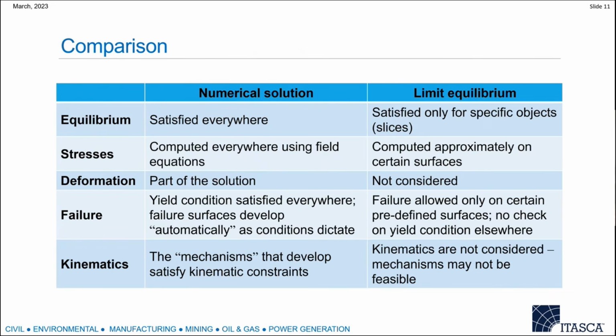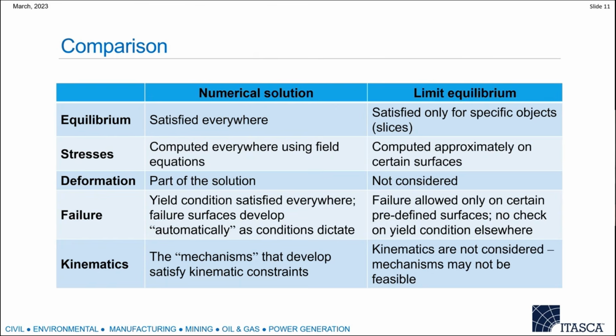So here is a comparison between these two approaches, namely the numerical solution and the limit equilibrium solution. We compare different items. For example, for equilibrium, the numerical solution satisfies it everywhere, and the limit equilibrium method only satisfies it for specific objects, for example, only for those slices.